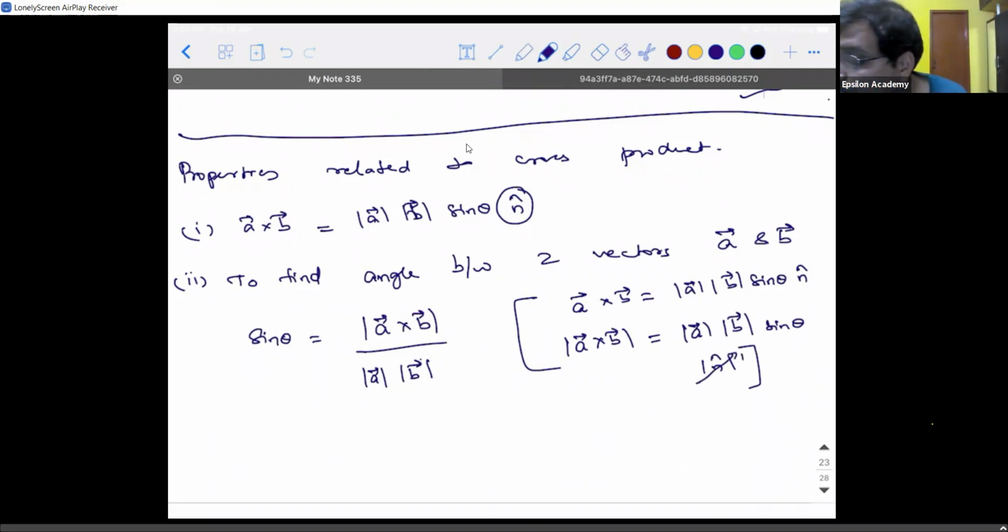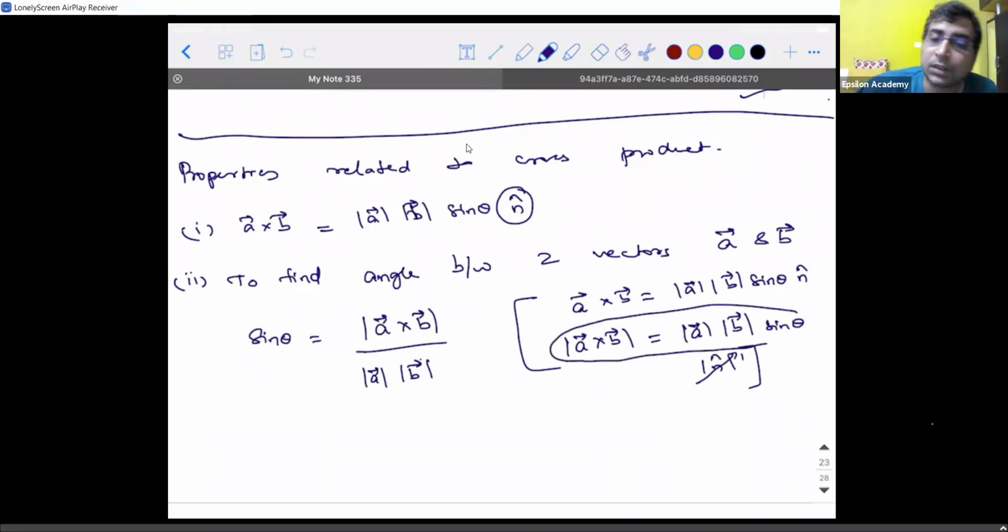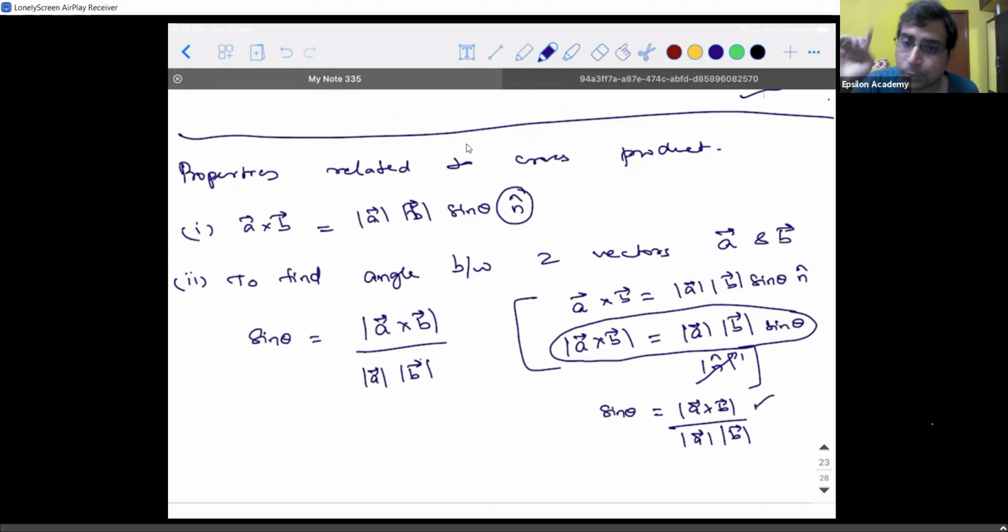So what are you left with? The magnitude of A vector cross B vector is nothing but magnitude of A into magnitude of B into sine theta. So what can you write sine theta as? It is magnitude of A vector cross B vector divided by magnitude of A into magnitude of B. So the numerator is the magnitude of the cross product.